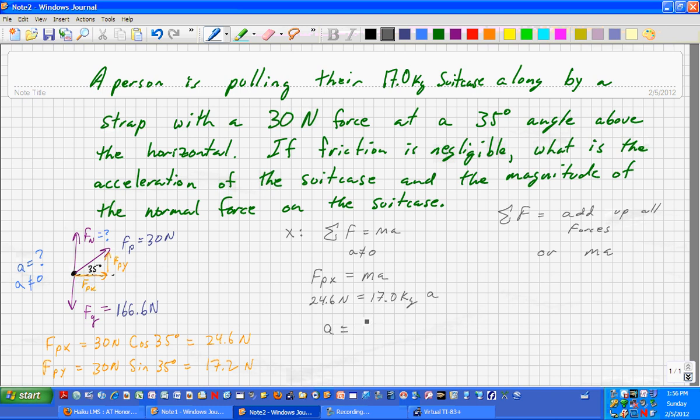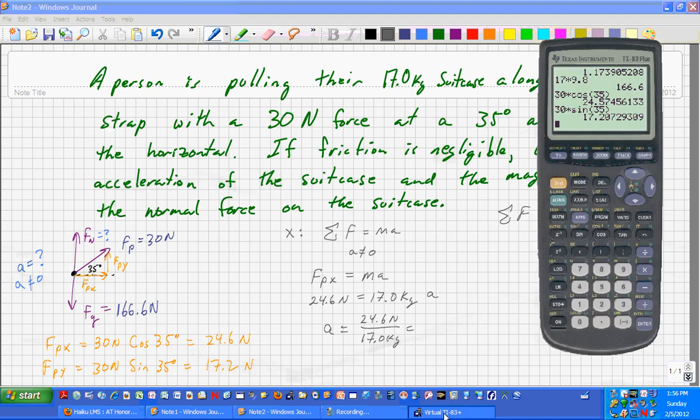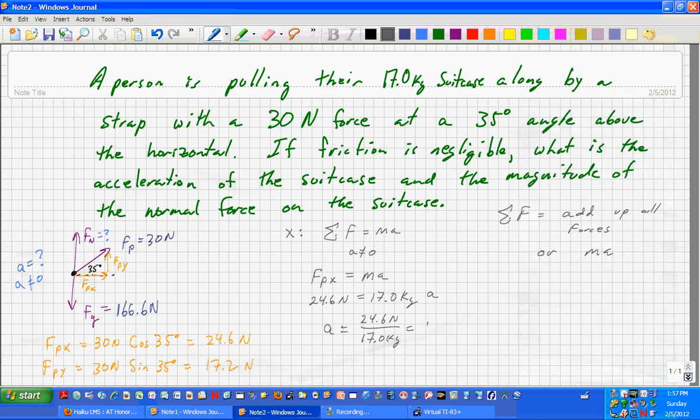Acceleration is equal to 24.6 newtons divided by 17.0 kilograms. And we get 1.45 meters per second squared.